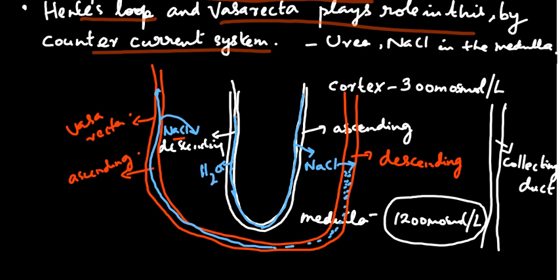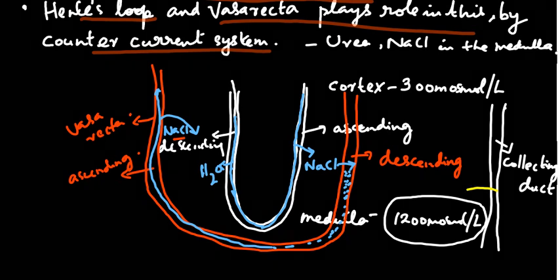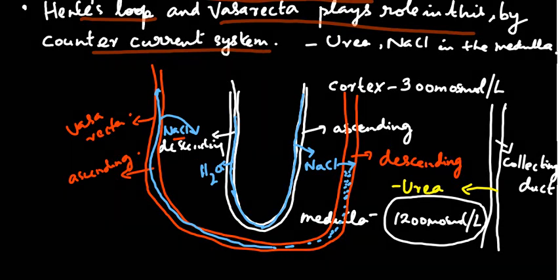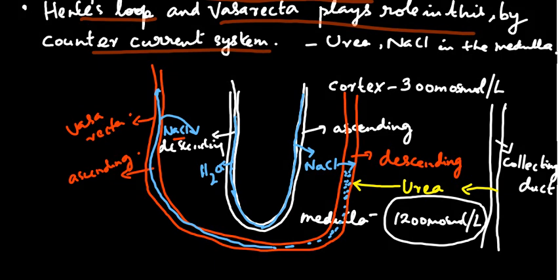Now about the urea. The collecting duct removes urea towards the medullary interstitium. Urea also enters first the descending limb of vasa recta, and then the urea passes through the vasa recta and comes into the ascending limb of the vasa recta.